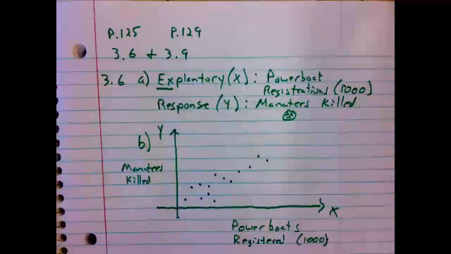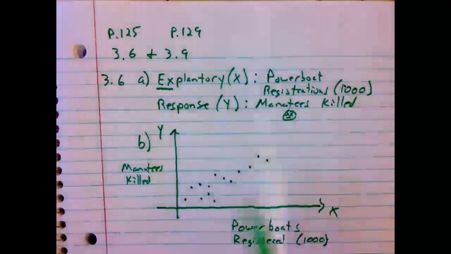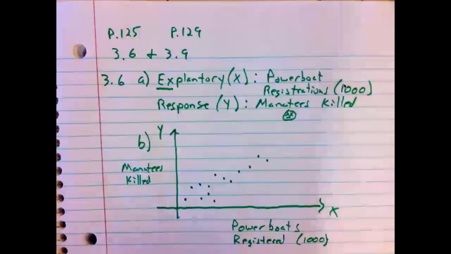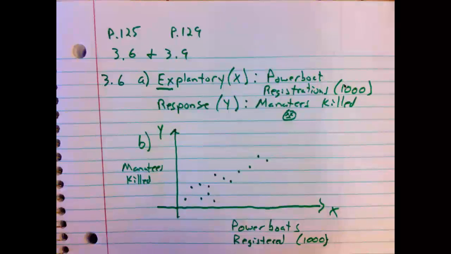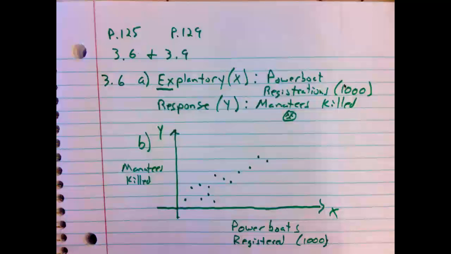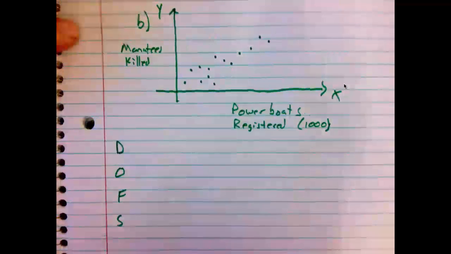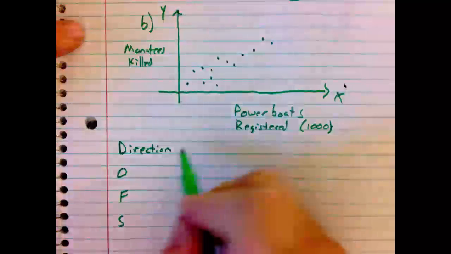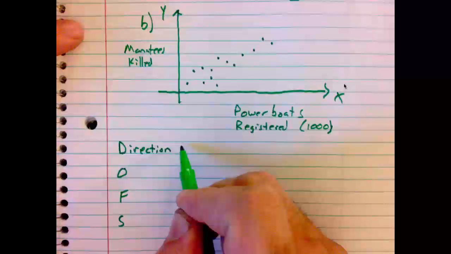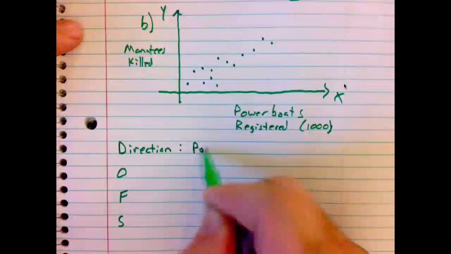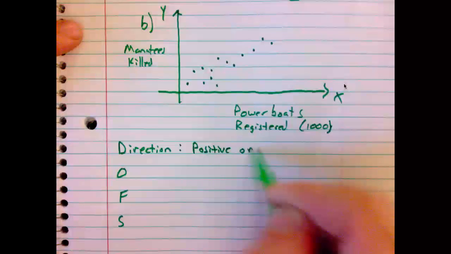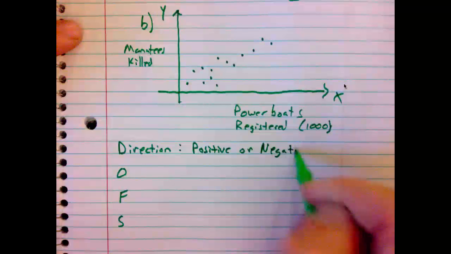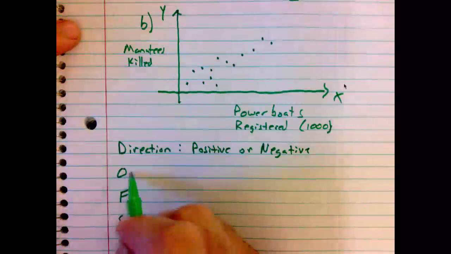All right. From our notes, when we describe a scatter plot, we will employ this acronym, DOFS. D stands for direction. We have two main directions. It's going to be positive or negative. O stands for outlier.